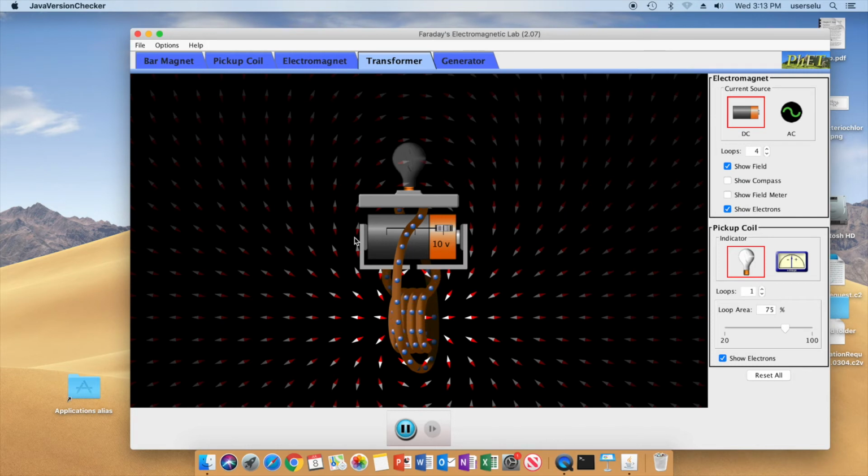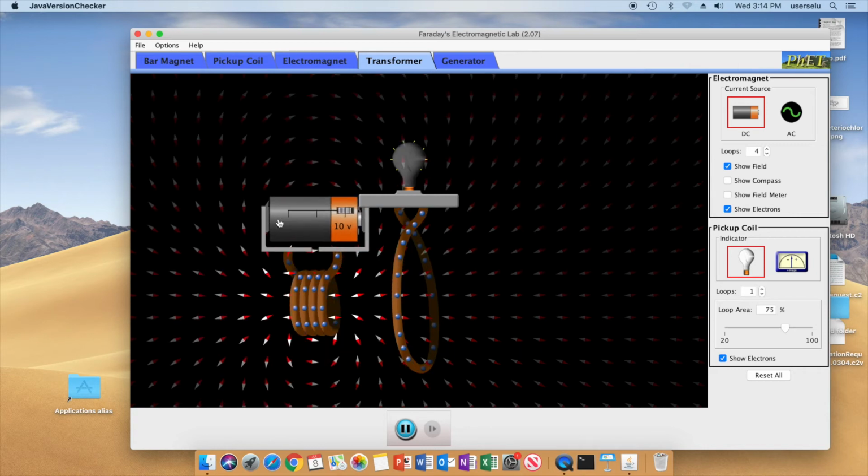With a constant magnetic field, there's no change in flux inside this coil loop. As long as the magnetic field is constant from the primary, the flux is constant in the loop. So delta phi over delta t is 0. So the EMF is 0, because delta phi over delta t is 0, because phi is not changing with this constant magnetic field of the coils.